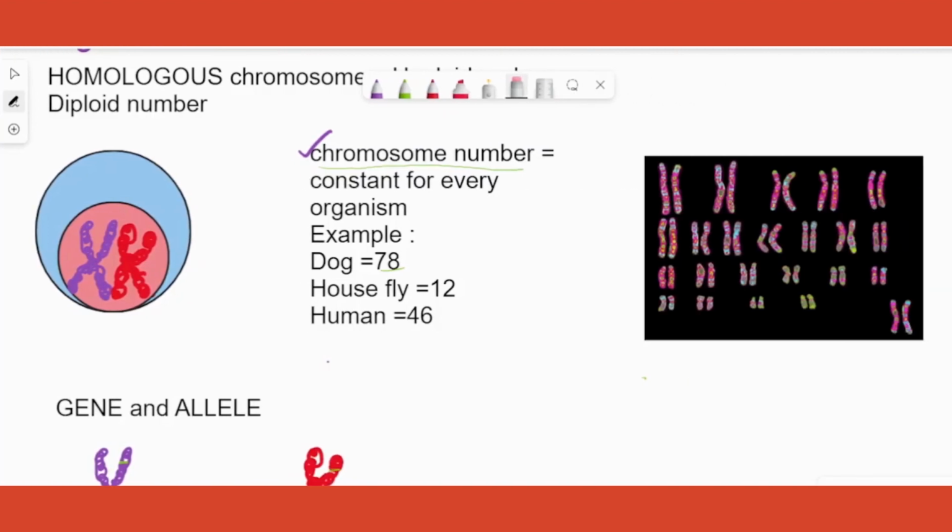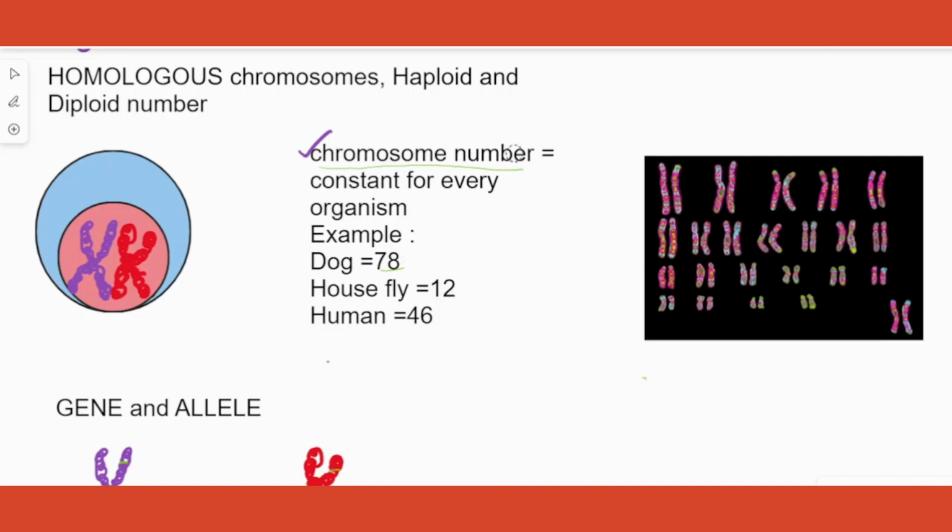What is meant by homologous chromosome, haploid and diploid number? Let us understand. For that you should know that every organism has a constant number of chromosomes in its body cells. If you take any body cell from a human, whether the human is from India, Pakistan, China, anywhere, the total number of chromosomes in the cell should be 46. For a dog, it should be 78, housefly 12, and so on.